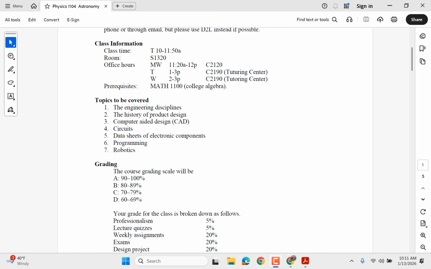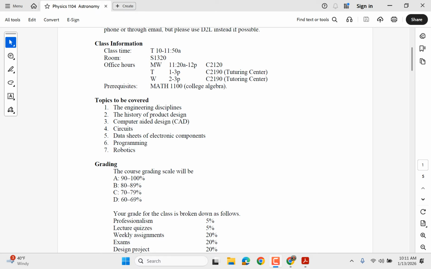Since this is the first engineering class a lot of people take, I think it's helpful to get a sense of what you do in chemical engineering, what you do in biomedical engineering, etc. And then, this is sort of a leftover thing. I used to spend a bit more time on the history of product design. I'm going to de-emphasize that a little this semester.